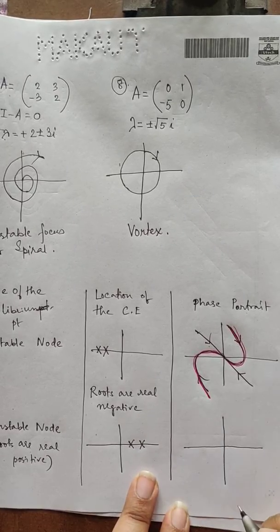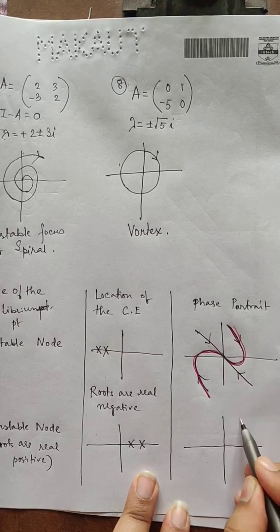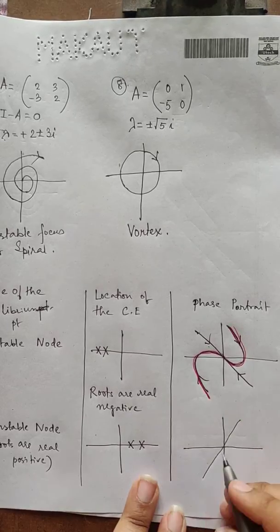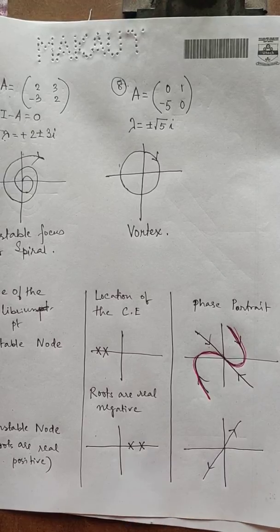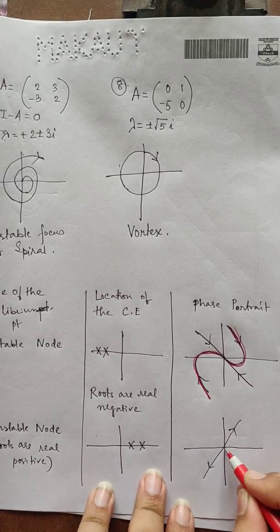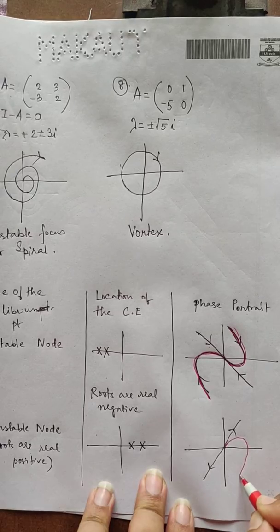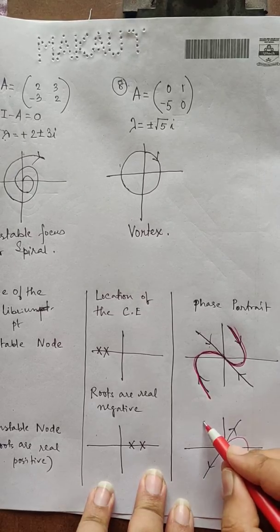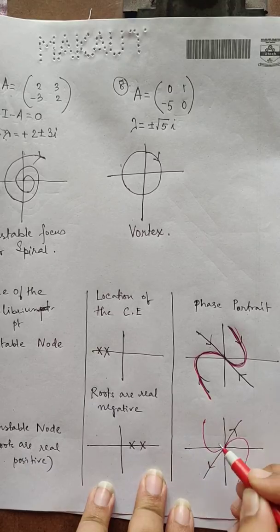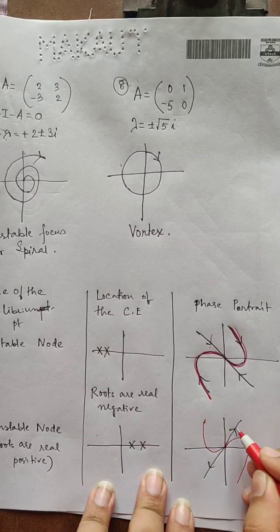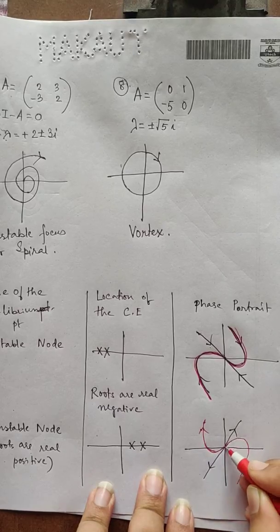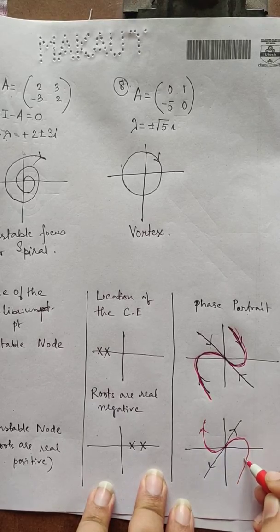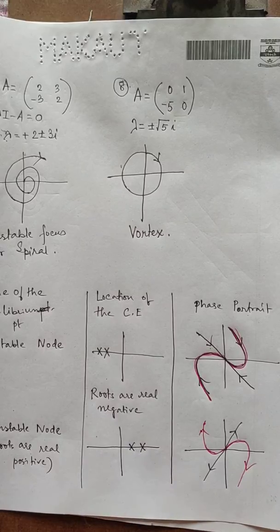I will be having an equation like this. Since it's positive, these would move outward, and my phase portrait would look like this. So this is my phase portrait.